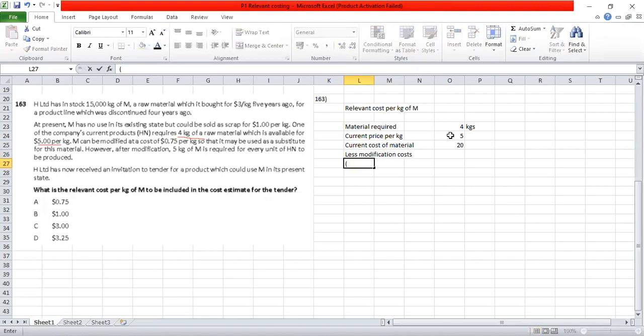Modification costs are 0.75 per kg of material, but this will be requiring 5 kgs of material. So 0.75 per kg into 5 kgs of material, that is the modification cost.